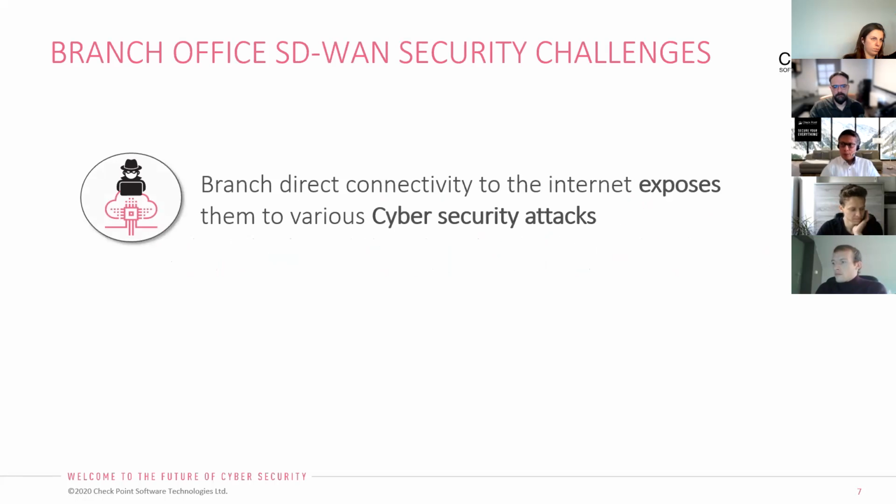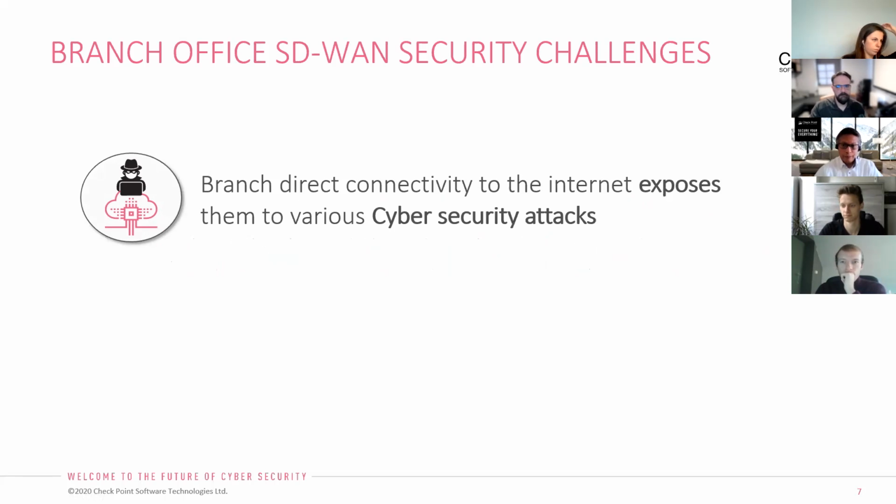What we do see is that with SD-WAN, the branches are now directly connected to the internet. So that leaves, as I said, the door open to several cyber security attacks like, of course, viruses, ransomware, but also malicious file downloads, and newer attacks like data exfiltration, session hijacking, and man-in-the-middle attacks.